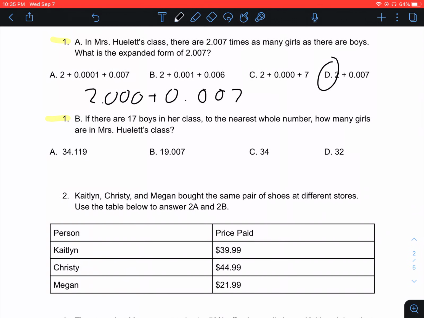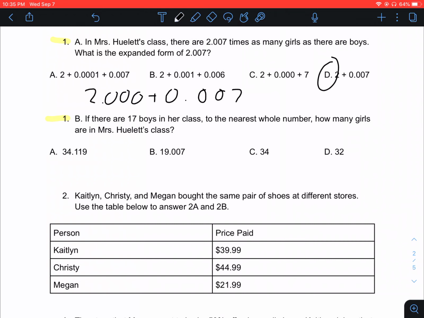Moving on. For part B, if there are 17 boys in our classroom, to the nearest whole number, how many girls are in Mrs. Hewlett's class? So we should write an equation.